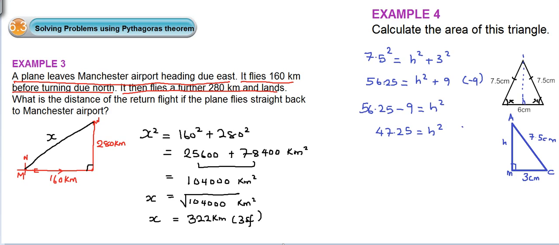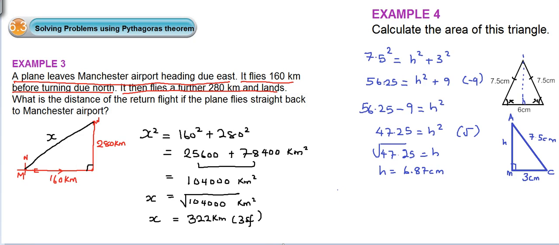So to find h on its own, I take the square root of both sides, the square root of 47.25 equals h. So h equals 6.87 centimeters. That's what my height is.